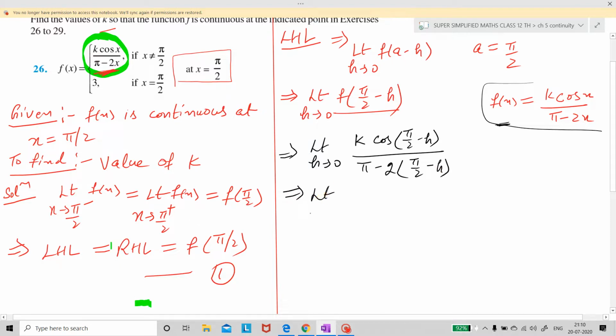So this becomes cos, this is cos 90 minus theta, which is sin theta. So k cos of pi by 2 minus h becomes k sin h.